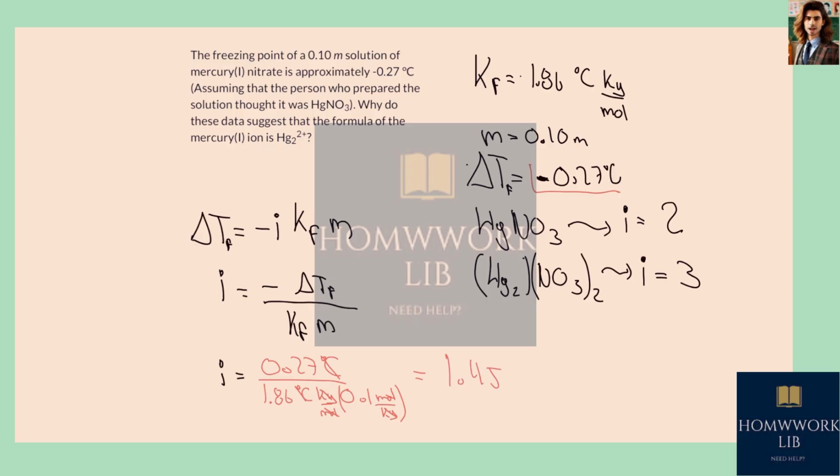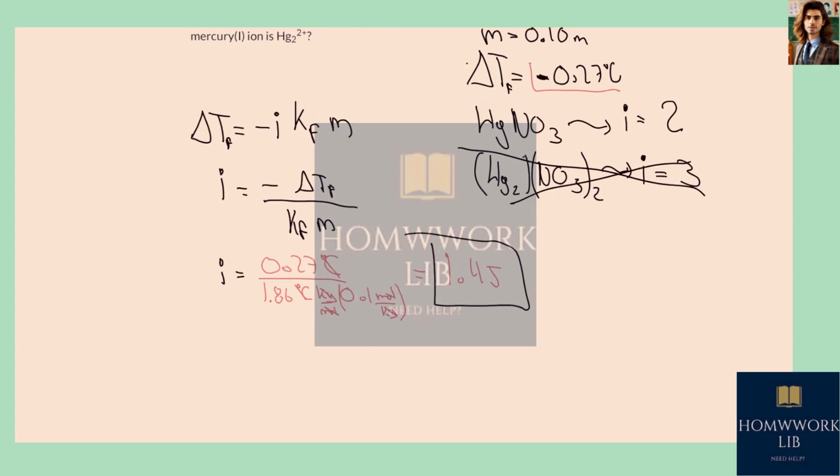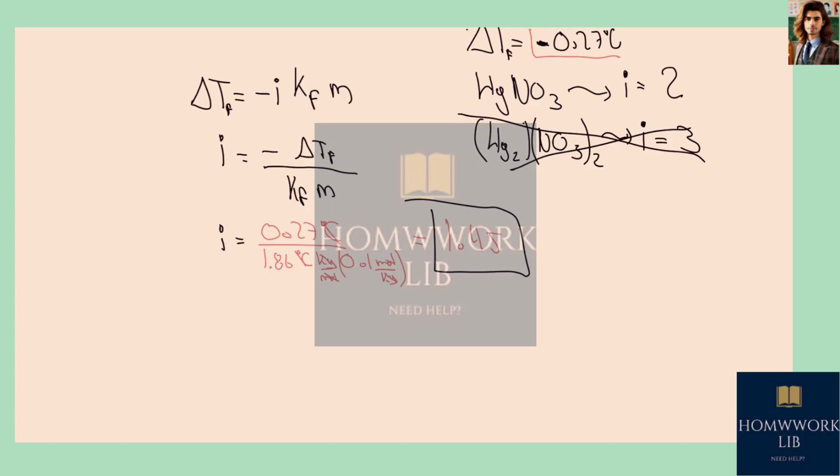So what this means is that the correct molecular formula is the first one, but something is going on with the mercury ion. So what is happening is that HgNO3 is going to dissociate in water to produce Hg+ plus NO3-.